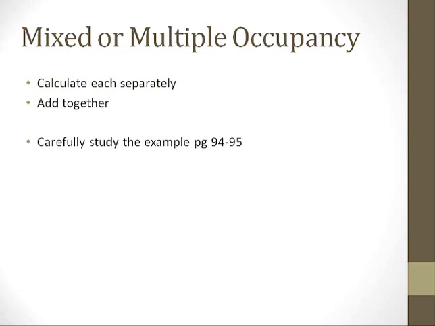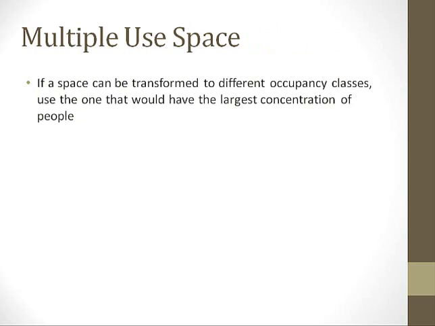The example is on page 94. If a space can be transformed to different occupancy classes, use the one that would have the largest concentration of people. So again, we're always looking for kind of worst case scenario, the most people packed in, how can they get out safely in an emergency.